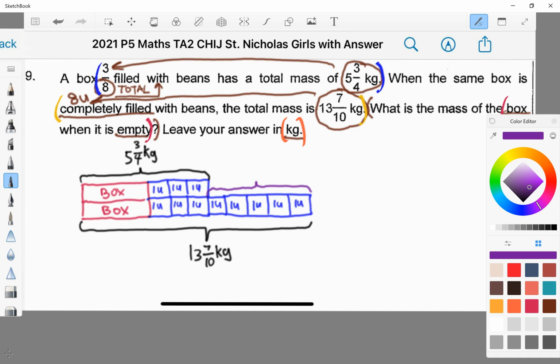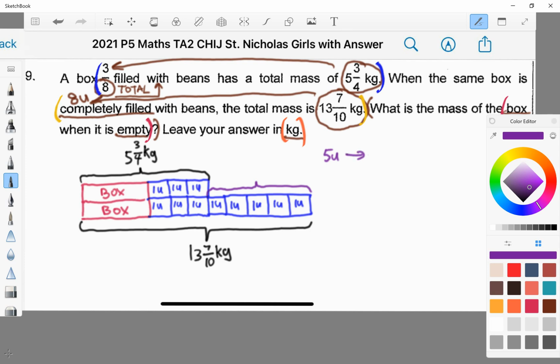with model drawing. Okay? So from my model itself, you will realize that if I drew it correctly, I can see very clearly that 5 units, yes, 5 units, which is obtained by taking 8 units, subtracting away 3 units.